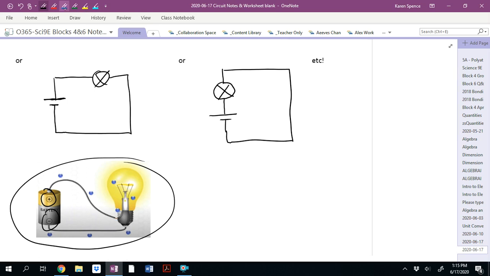Because look, I still have this positive terminal attaching by a wire to the light bulb here, and then I have the other part of the wire that brings the light bulb and attaches it back to the negative end. Okay, and the length of the wire does not matter. So I can put them anywhere I want to as long as they are in the correct order.